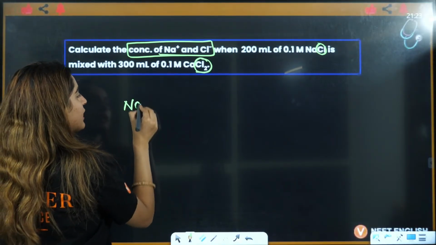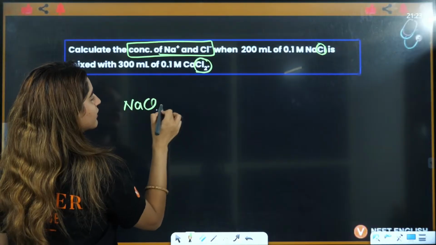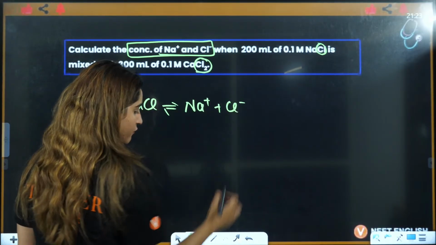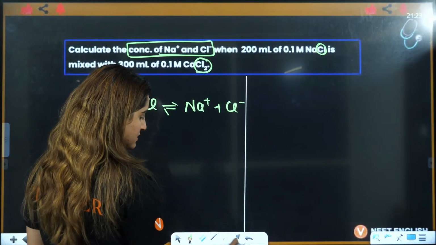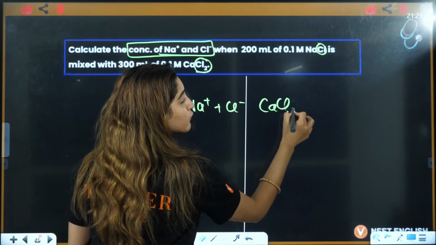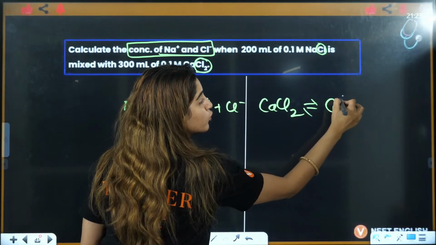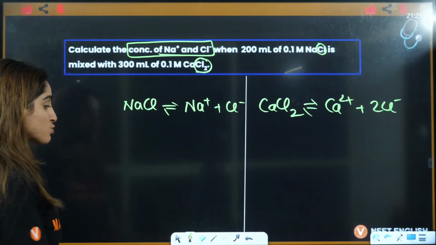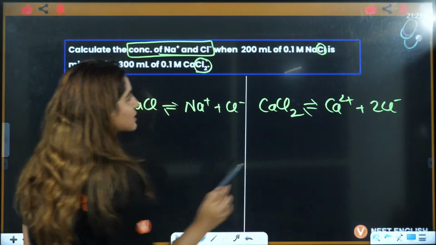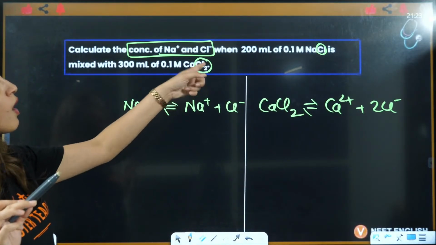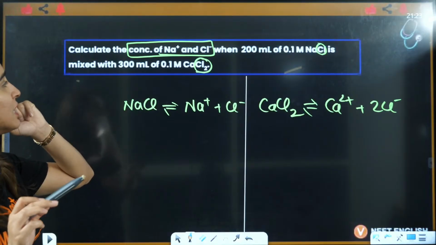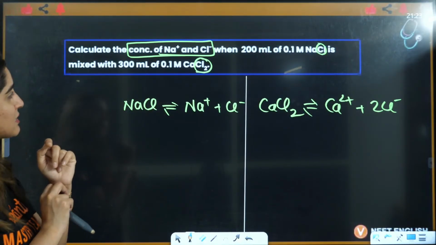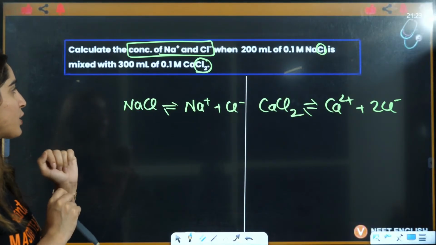NaCl will dissociate into Na positive plus Cl negative, right? And CaCl2 will dissociate into Ca2 positive plus 2Cl negative. That's how it will dissociate. Because this is 200 milliliter of 0.1 and this is 300 milliliter of 0.1 CaCl2, this is what you are going to add here.